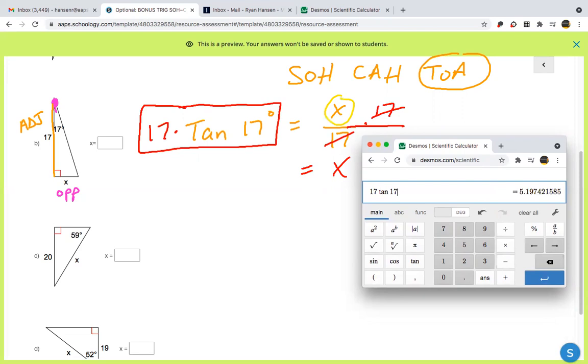And lo and behold, we get 5.19. The directions say round to the tenth. So I'm rounding this place, but I'm looking to the hundredths. Since 9 is bigger than 5, you round up. So your solution is 5.2.